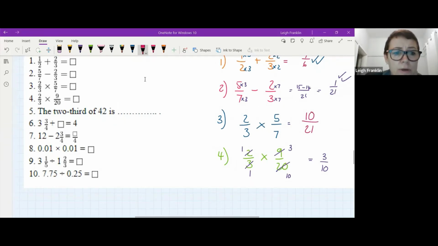All right, so now on to the next question. Ntabiseng, this is now question number 5. 2/3 of 42 is how much? So your question to answer is 2/3 of 42. How much is 2/3 of 42? 47, ma'am. 42, ma'am.